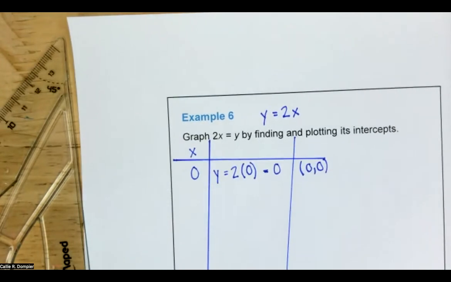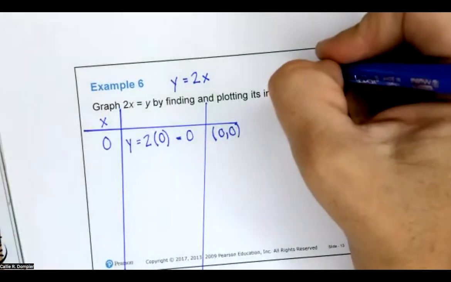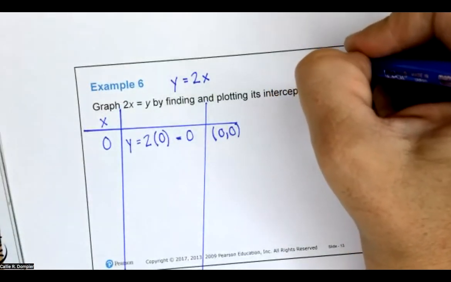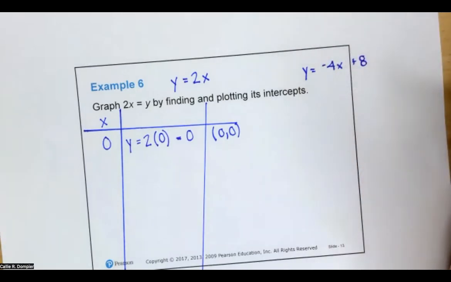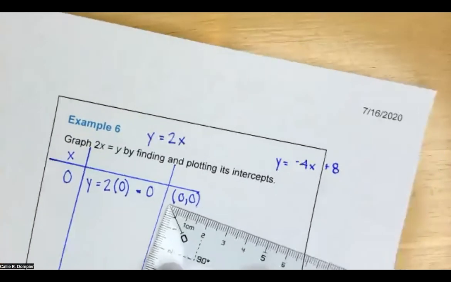So not a great example of that. Let's take another one. Let's do y equals -4x plus 8 and plot the 2 intercepts.